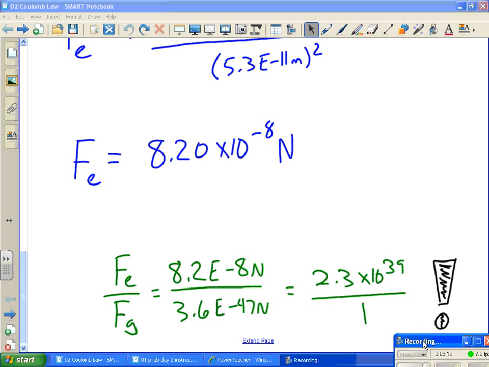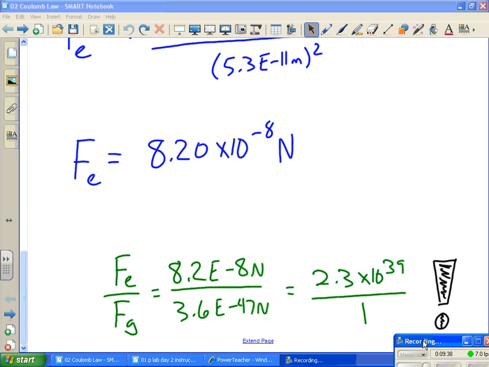The ratio is 2 times 10 to the 39. I can't even conceive of how big that is. A billion is 10 to the 9. So a billion billion is 10 to the 18, and a billion billion billion is 10 to the 27, and we're still not even getting anywhere near the difference between those numbers. So electricity beats gravity like all the time.